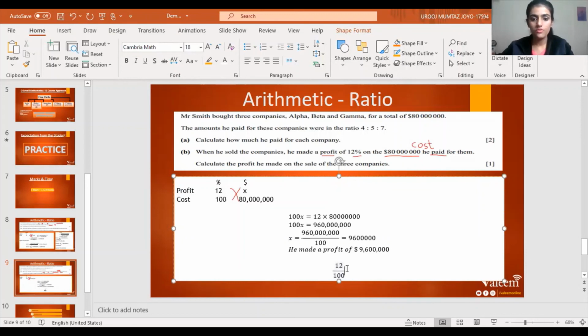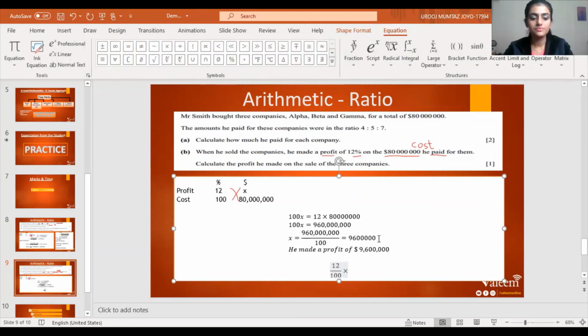So of 80 million, it's basically multiplied by that, and if you equate them with the same amount, that's the formula. The percentage formula, we all are familiar with. If we are not, we are familiar with it now.